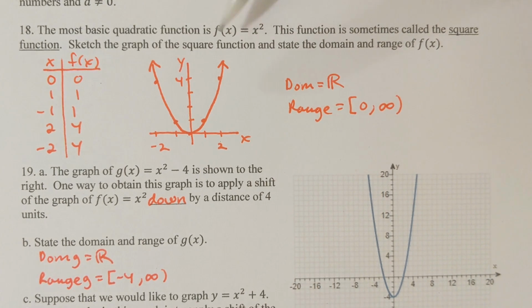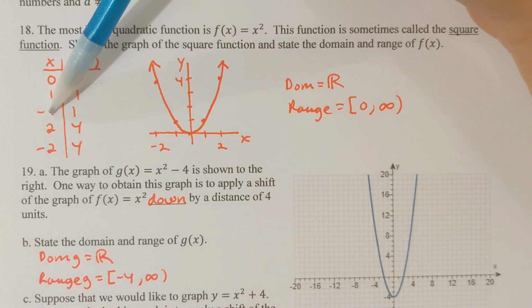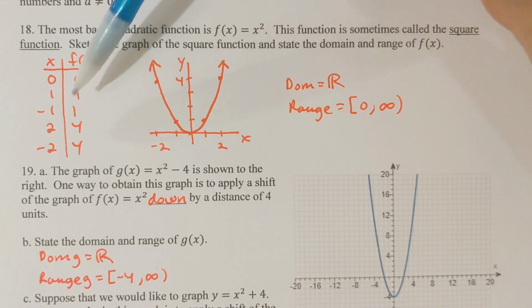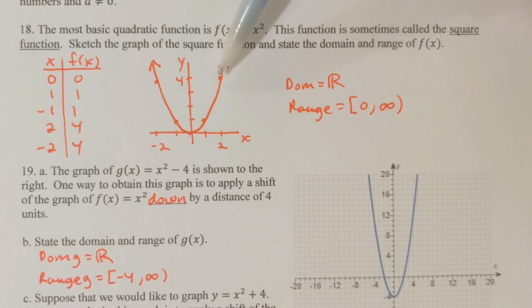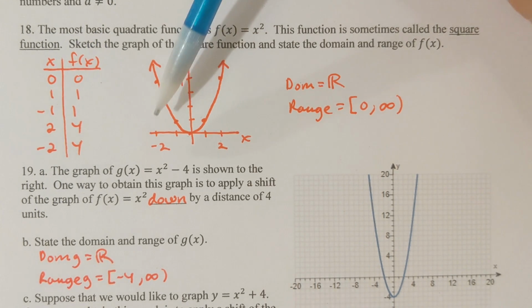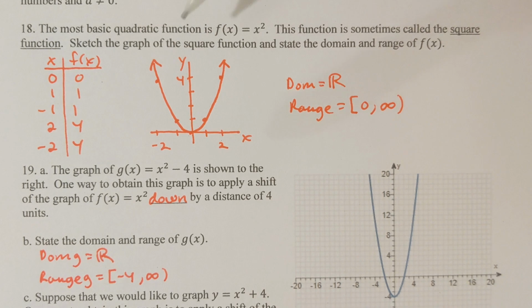If x is 1, 1 squared is 1, so here's 1, 1 on the graph. If x is negative 1, squared is 1. So here's negative 1, 1 on the graph. If x is 2, 2 squared is 4. So here'd be 2, 4 on the graph. And then if x is negative 2, squared is 4. And so here's negative 2, 4 on the graph.